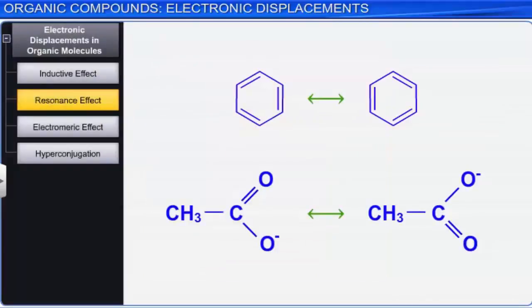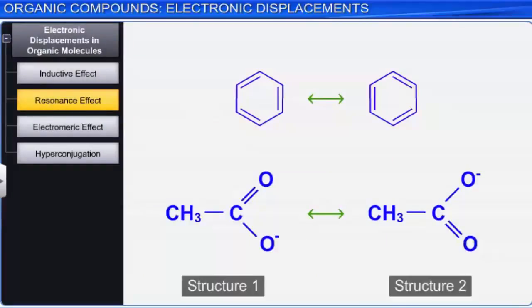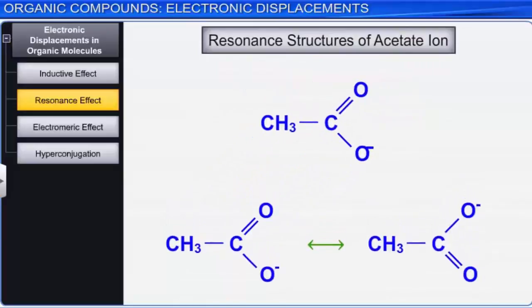Resonance refers to the phenomenon where two or more structures can be written for a molecule or an ion. Because of resonance, the electronic charge spreads over the entire molecule and hence affects its polarity.